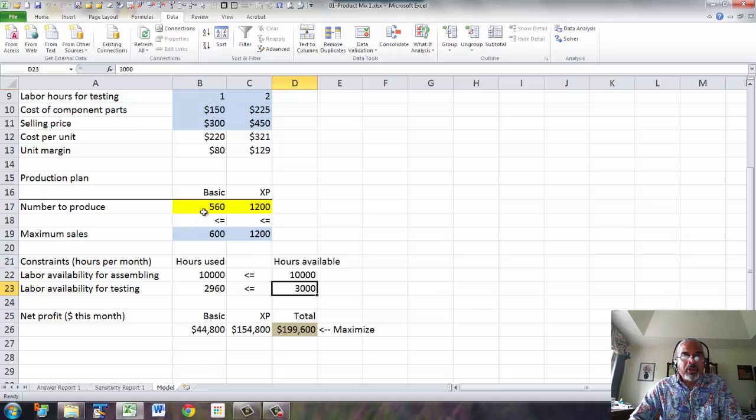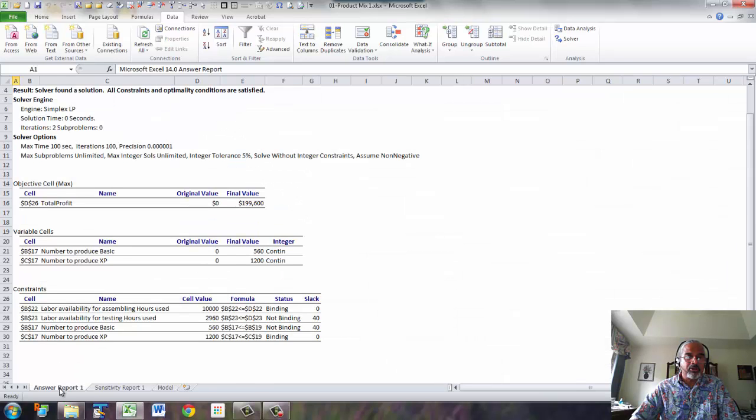And same here, if you look at these two, you have a maximum sales of 600, and we are only producing 560. So there is a slack of 40, and here there is no slack. When there is no slack, those constraints are called binding constraints. If there is slack, then they are non-binding, and that's what's shown here in the answer report.